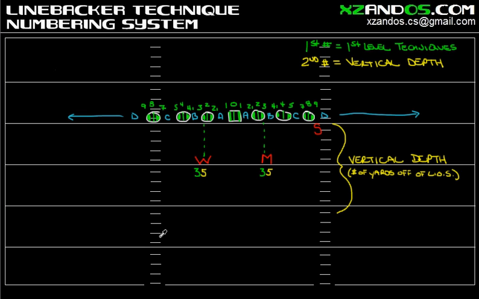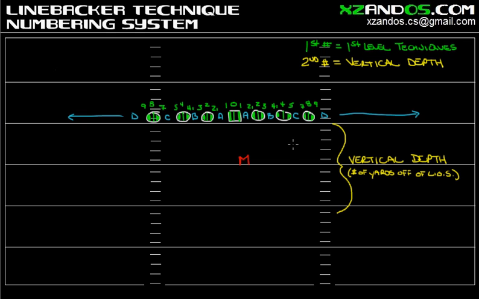Let's do another example. Let's say that our linebackers are in a basic 4-3 over front, which would put Mike here, his heels on that line.